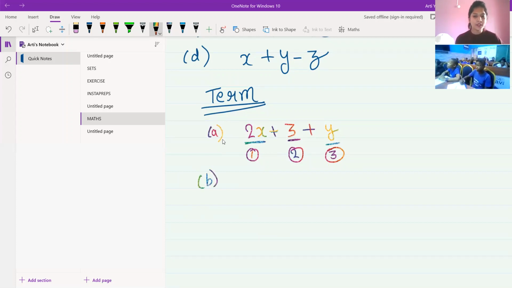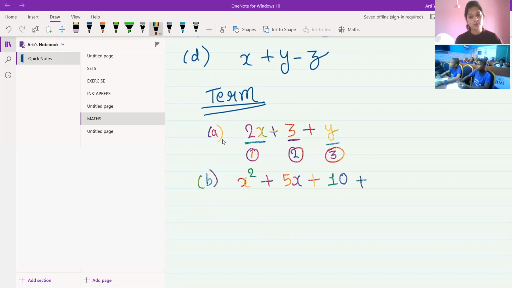Now I'm writing an algebraic expression and you have to tell how many terms are there. x square plus 5x plus 10. Tell me how many terms are there? 3 terms.